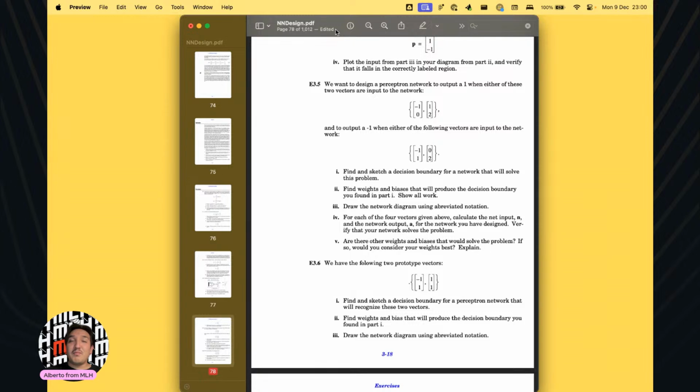For vectors of size n that are easy to graph, just 2 and 3 dimensions, it's very simple.